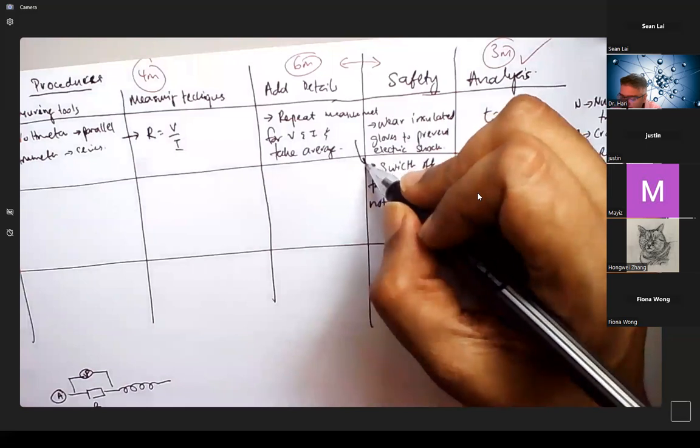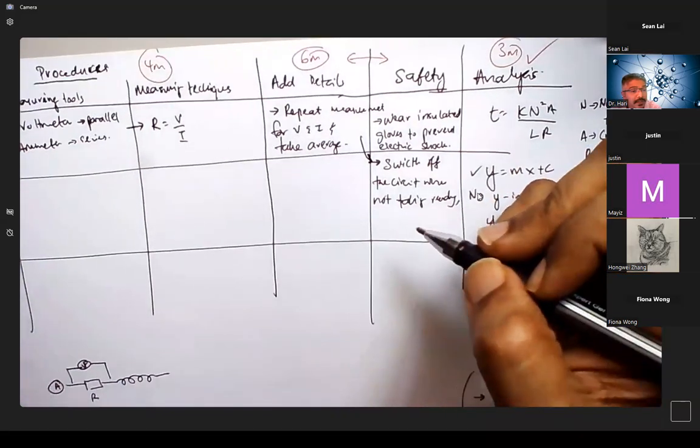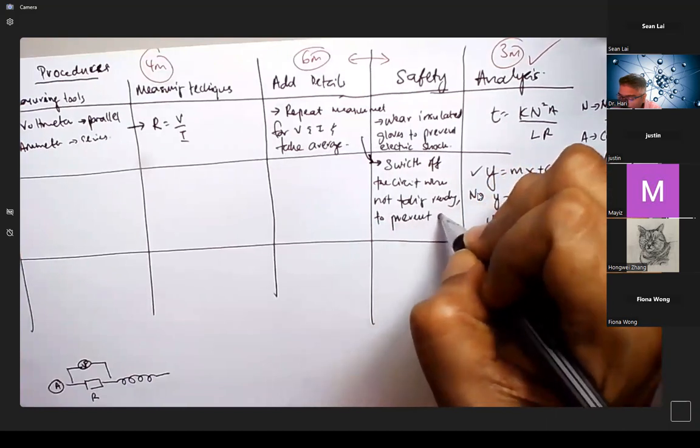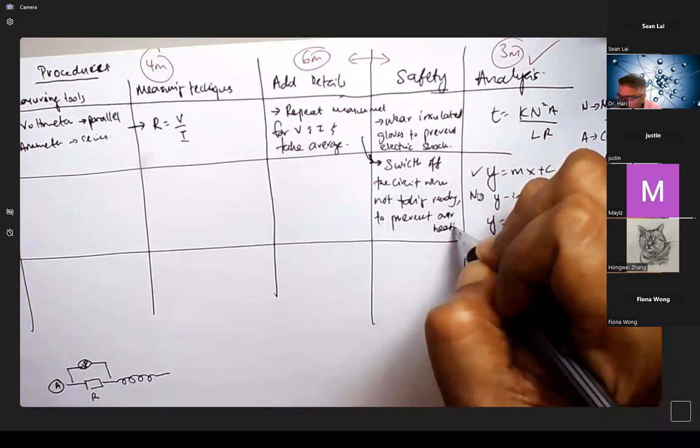This one actually comes here. Give a reason why: to prevent overheating.